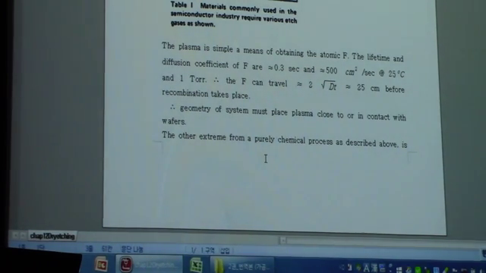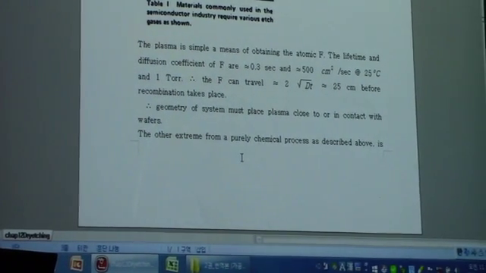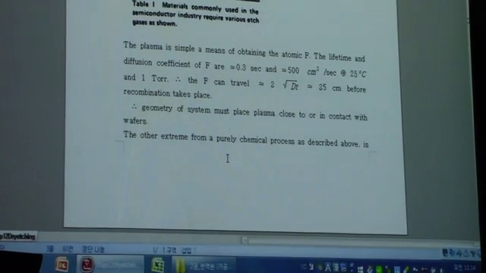The lifetime means the time before it recombines to form a stable form, like a CF3 combining with F to form a CF4. When it is fragmentized by the plasma, it is not going to stay that way for a long time. It tends to recombine after a certain period of time, and we call that time the lifetime. The lifetime is 0.3 seconds.